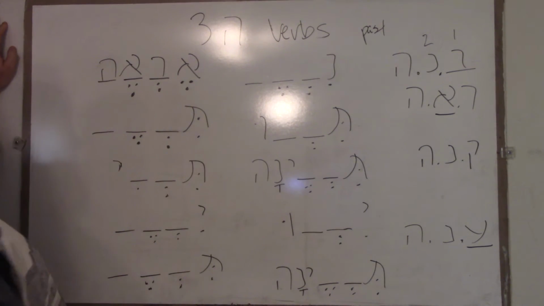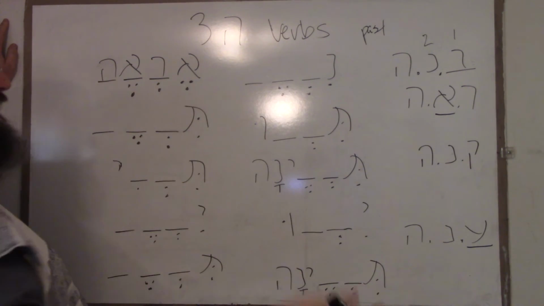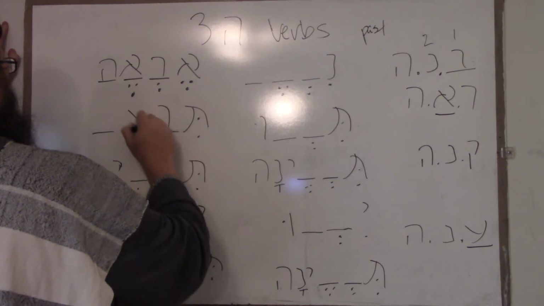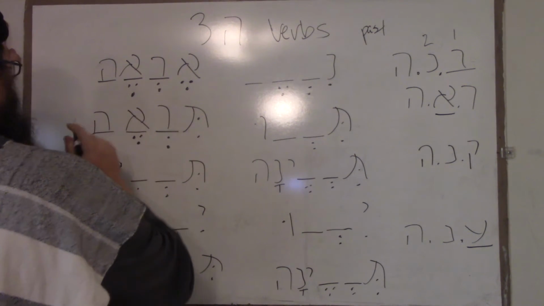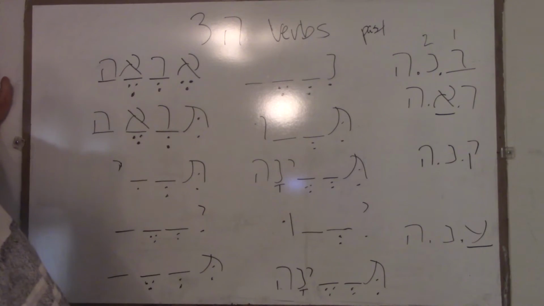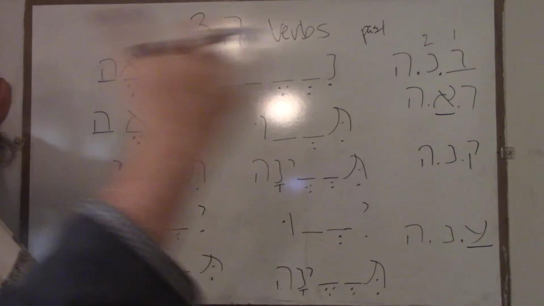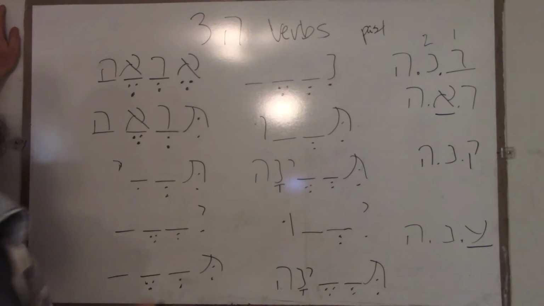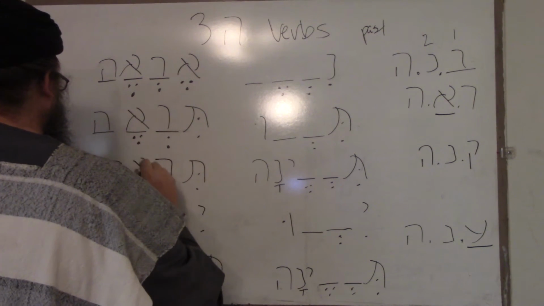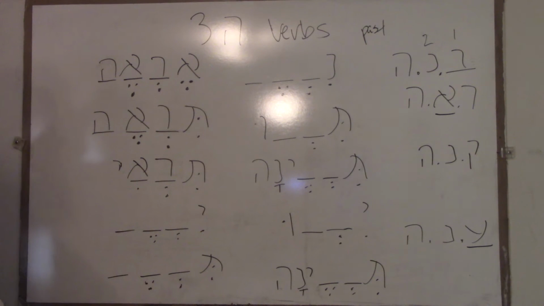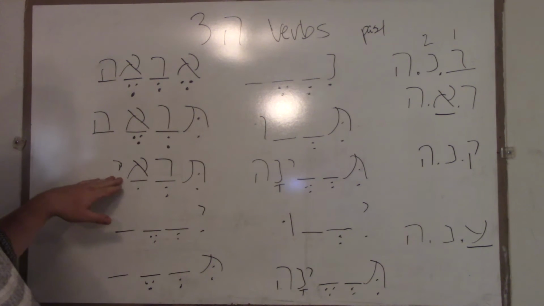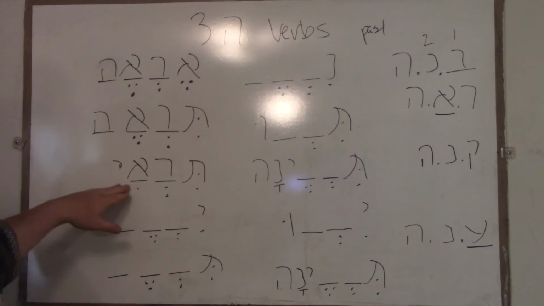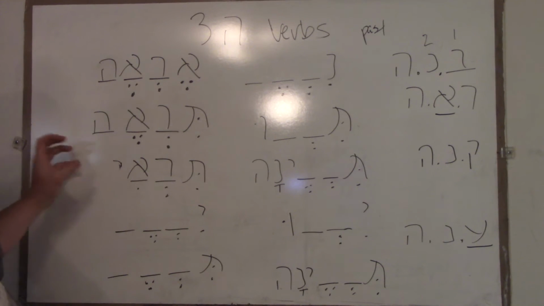So here we have Eirei, I will see, or I might see, or I want to see. Tirei, you will see, you might see, you could see, you ought to see. Tiri, here we can see that, notice that the hey drops off and we see the yud attached to the end, which makes it the feminine second person.